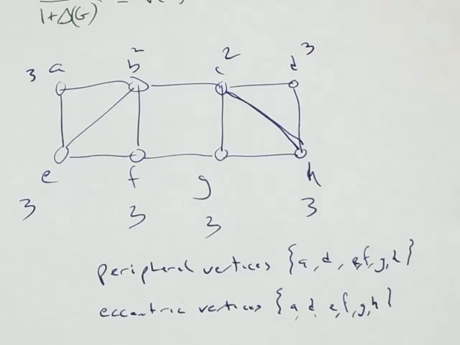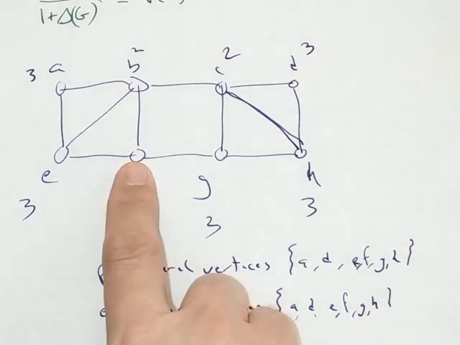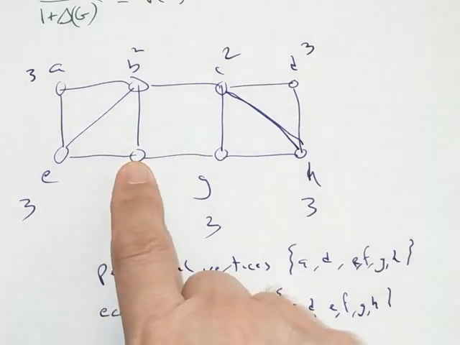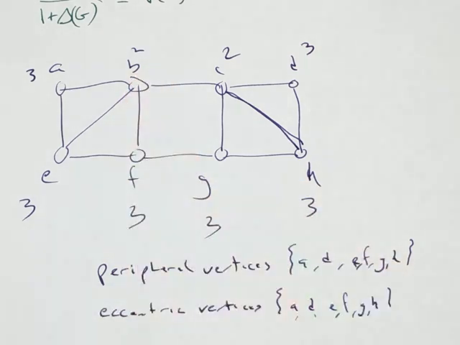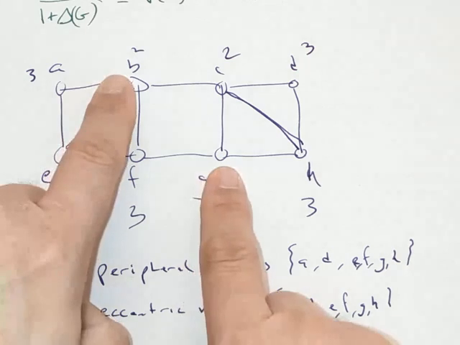Let's start at F. The distance from F to B is 1. I'm in trouble. Is the distance to any of the neighbors smaller than that? So let's move further away. The distance from G to B is 2.